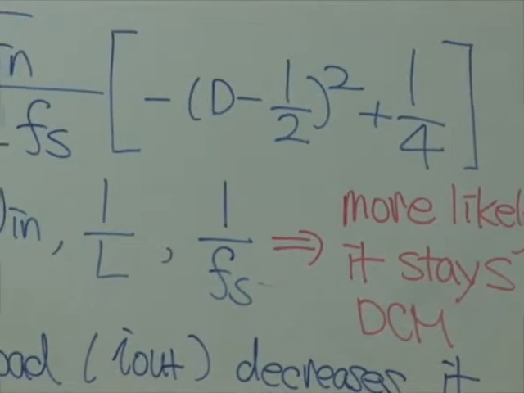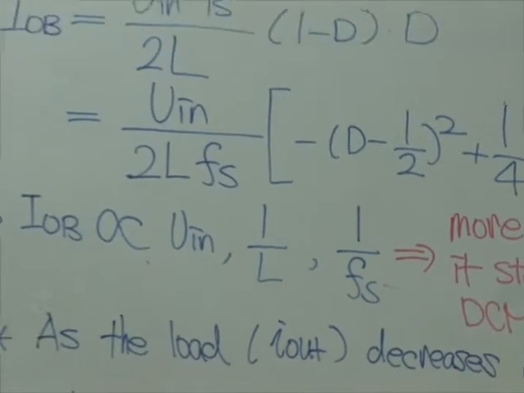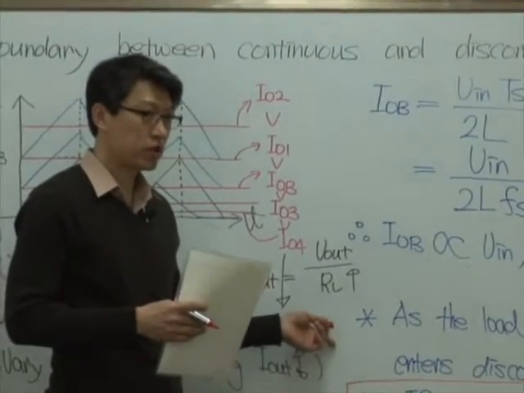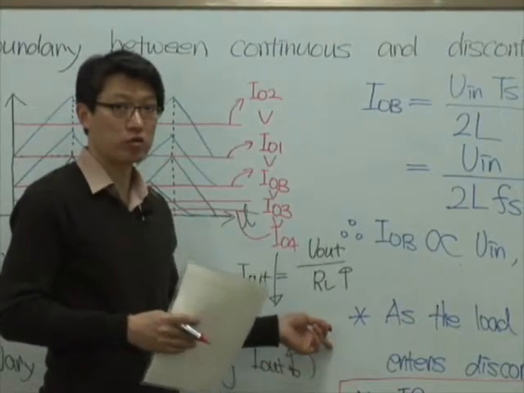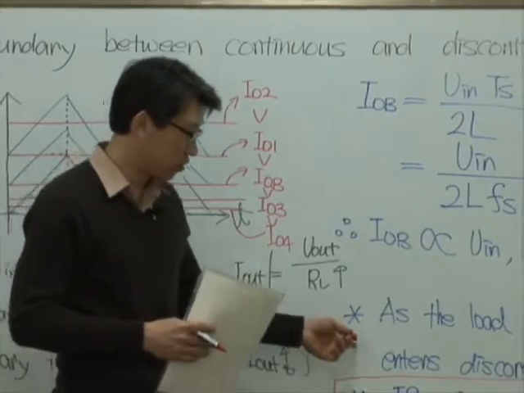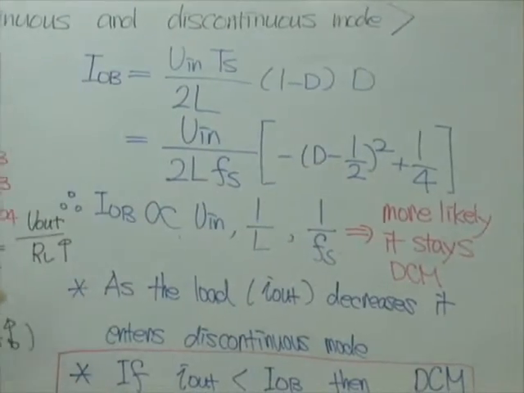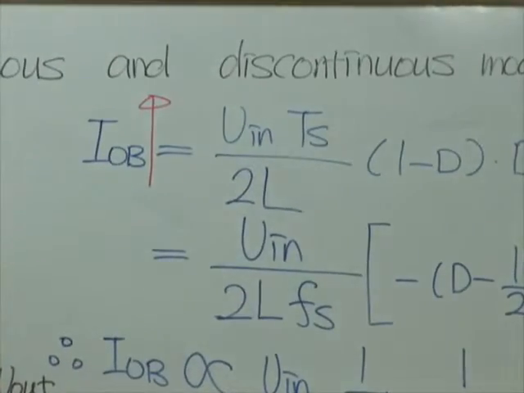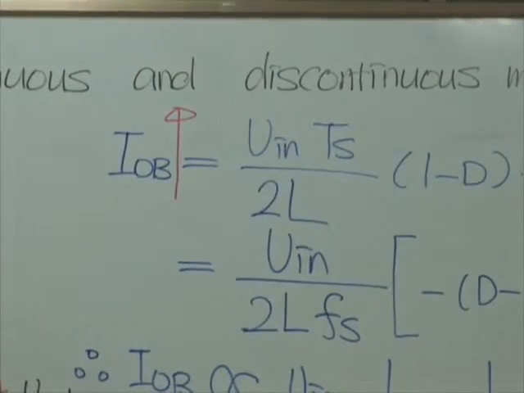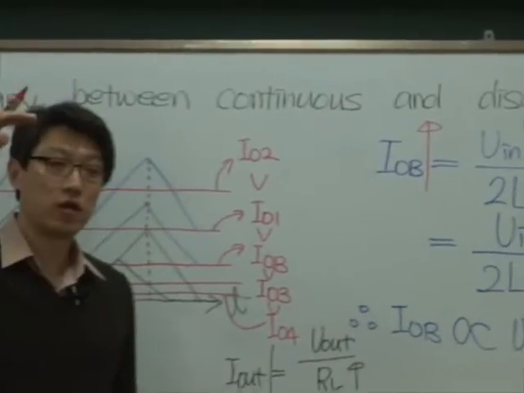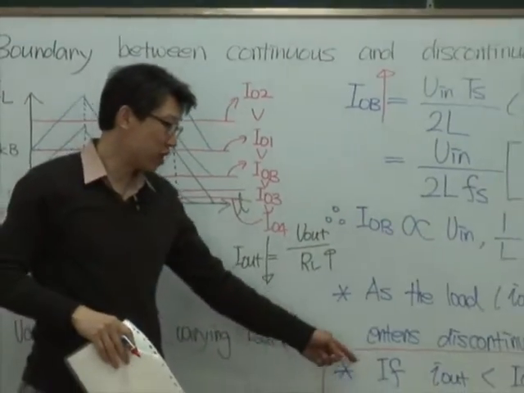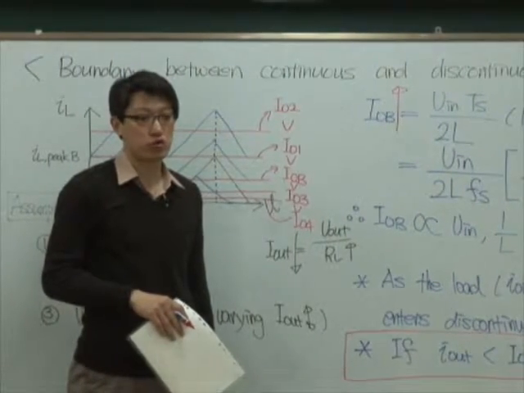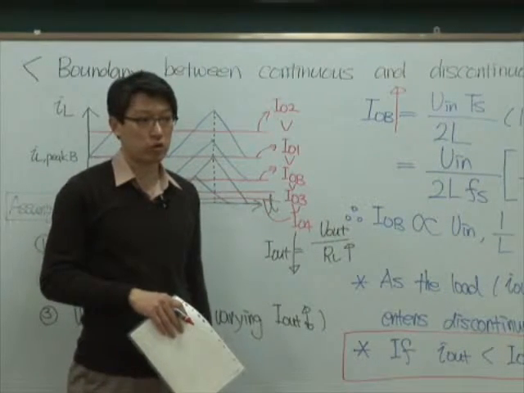If we want to stay under this discontinuous conduction mode, okay? Please listen carefully. If we want to stay under discontinuous conduction mode, then it's good to have a large IOB value, right? If IOB is large enough, then mostly we can stay under discontinuous conduction mode for most cases of the load. 그죠?